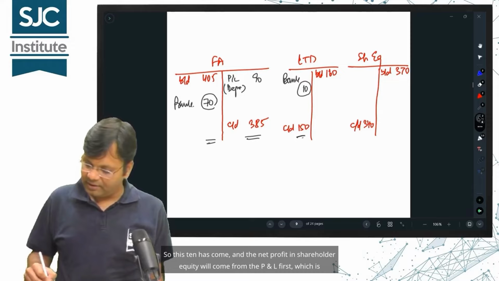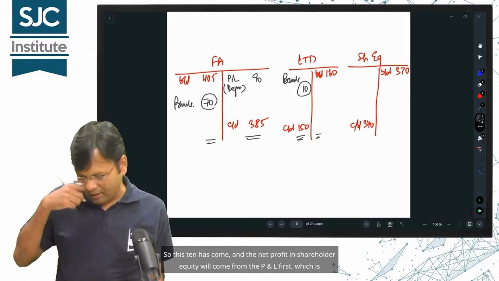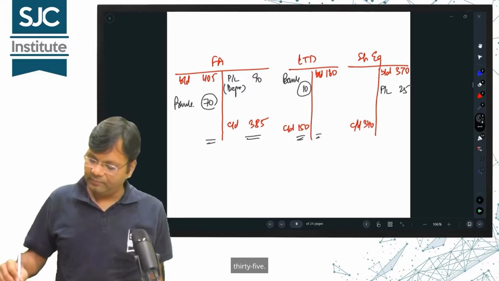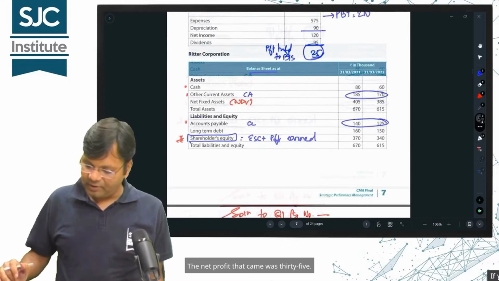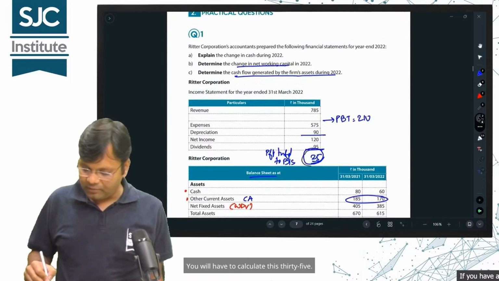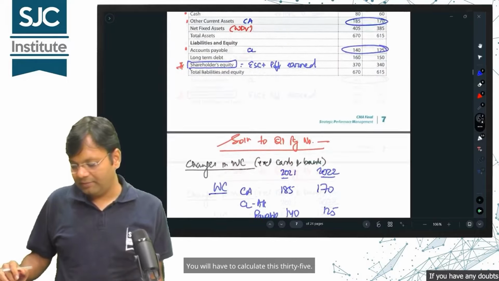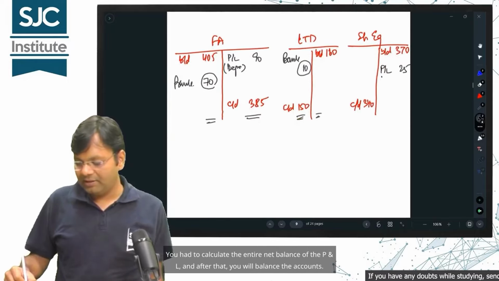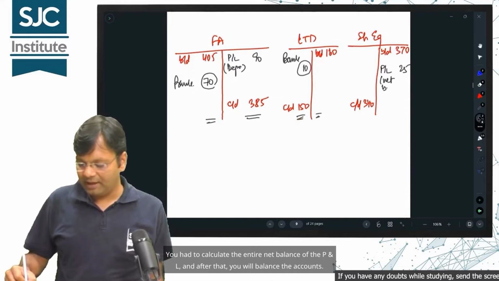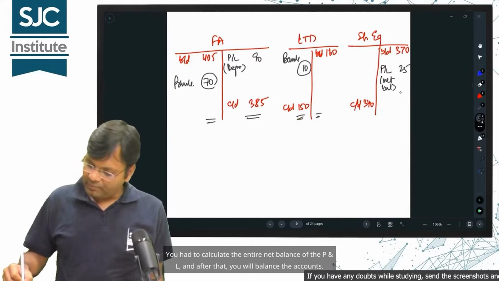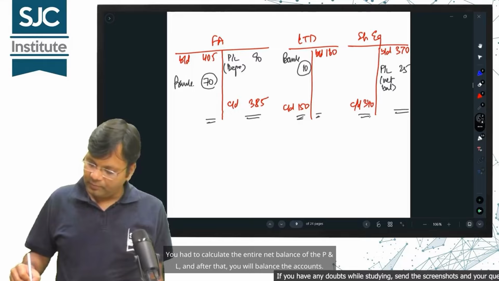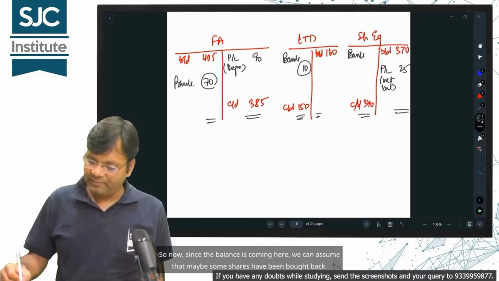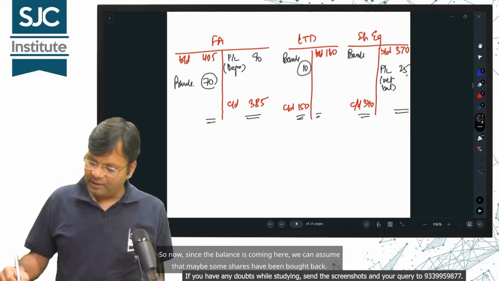So this 10 has come, and the net profit in shareholder equity will come from the P&L first, which is 35. The net profit that came was 35. You will have to calculate this 35. Alright, how did this come about? You had to calculate the entire net balance of the P&L, and after that, you will balance the accounts. So now, since the balance is coming here, we can assume that maybe some shares have been bought back.